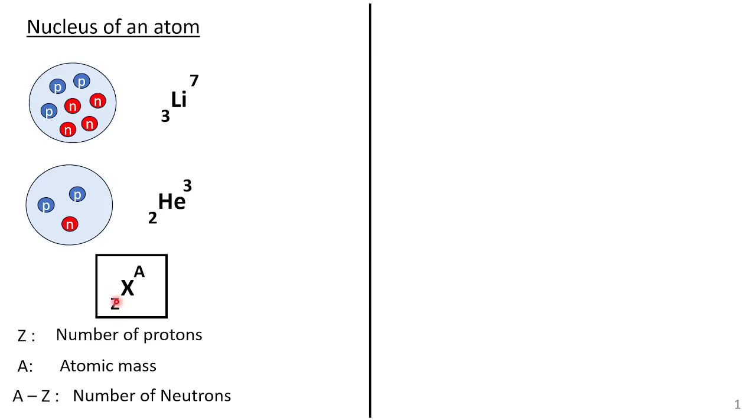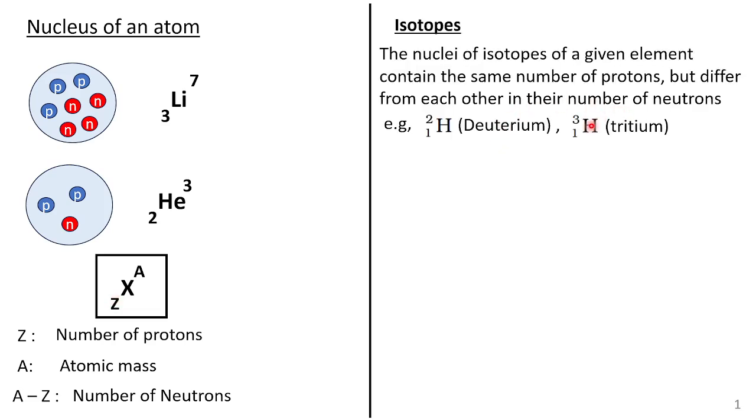Please read all these things. Isotopes of hydrogen. How can you understand it is isotopes? Because the lower number is the same. If only the lower numbers are the same, it is isotopes. The lower number means proton or atomic number.